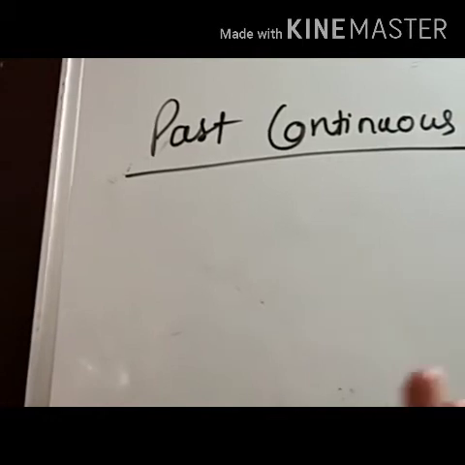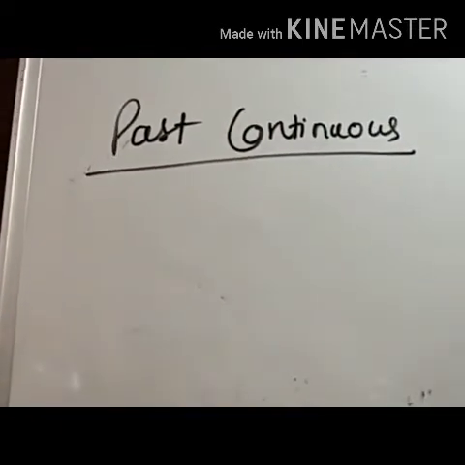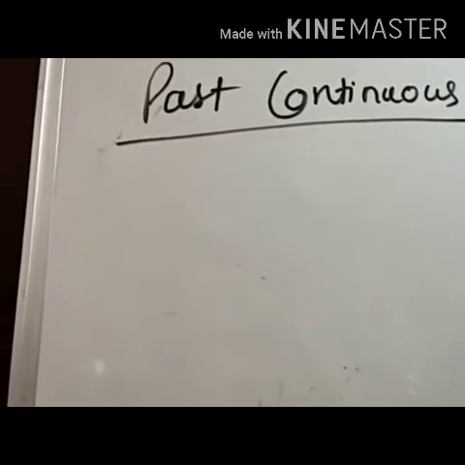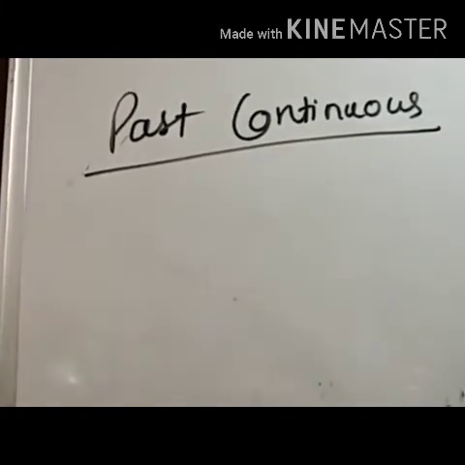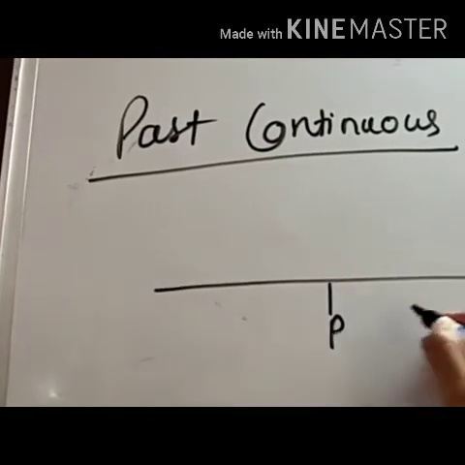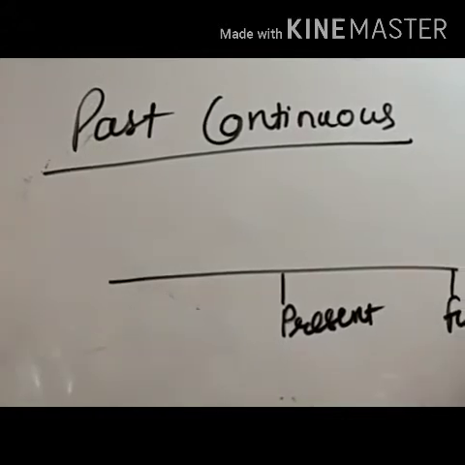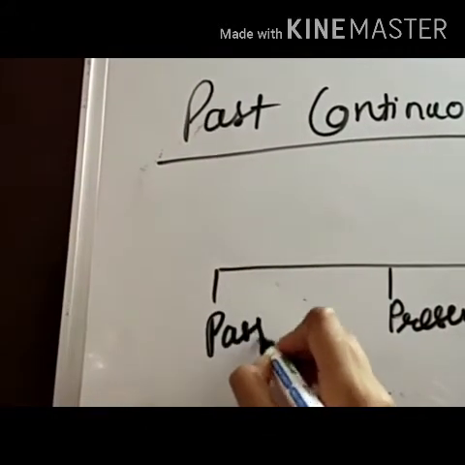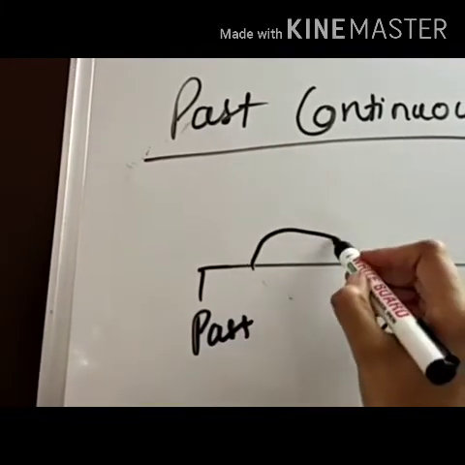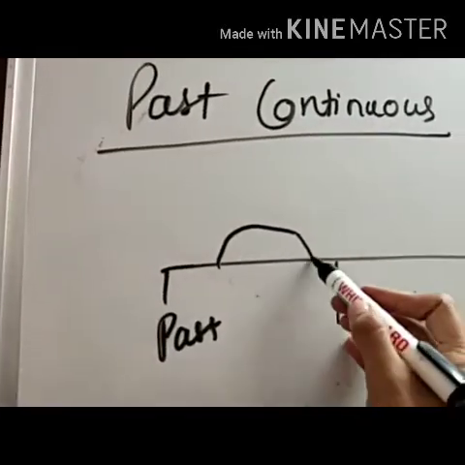In some duration in the past, the work was going on, and you have no information about when it ended, but at some time in the past it ended. That work started in the past and it ended in the past.